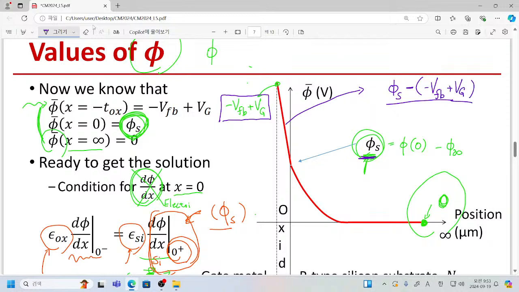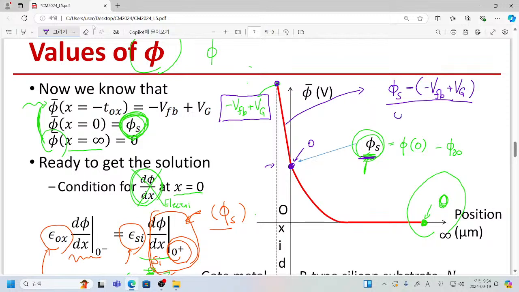What I did is just take the difference between this value and that value. Also, it should be divided by what? The position of this value, 0, and the position of this point.